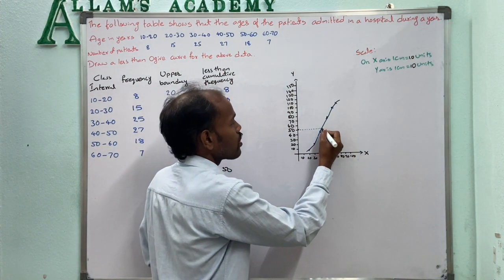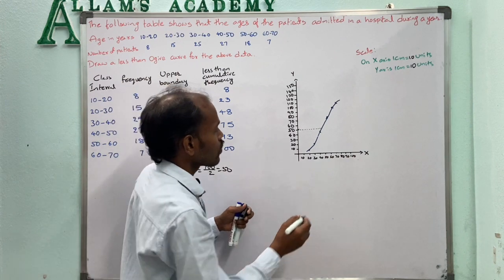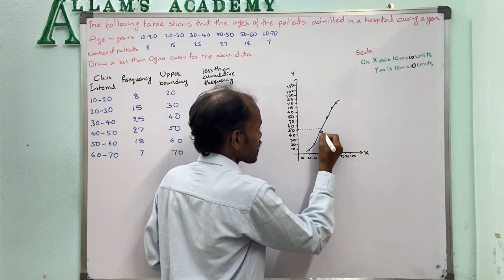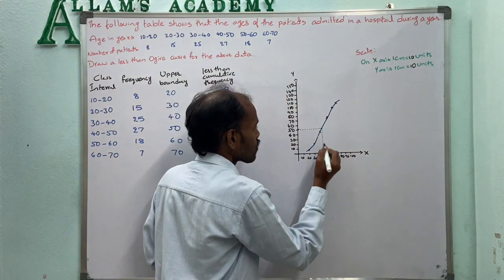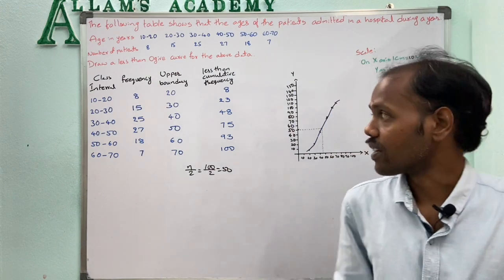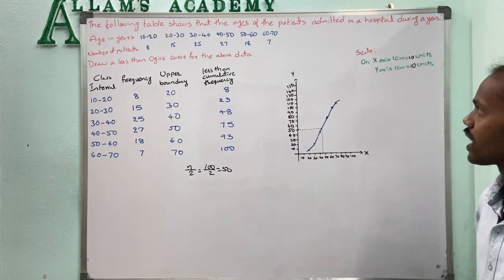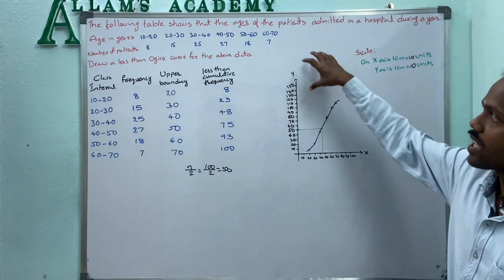From this point, if we draw a perpendicular line to the x axis, it will touch between 40 and 50. So this point gives the median of the data.